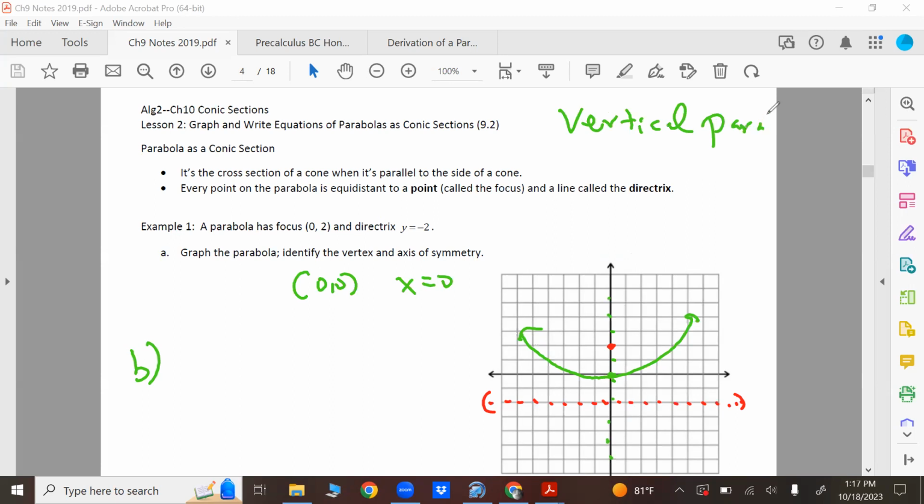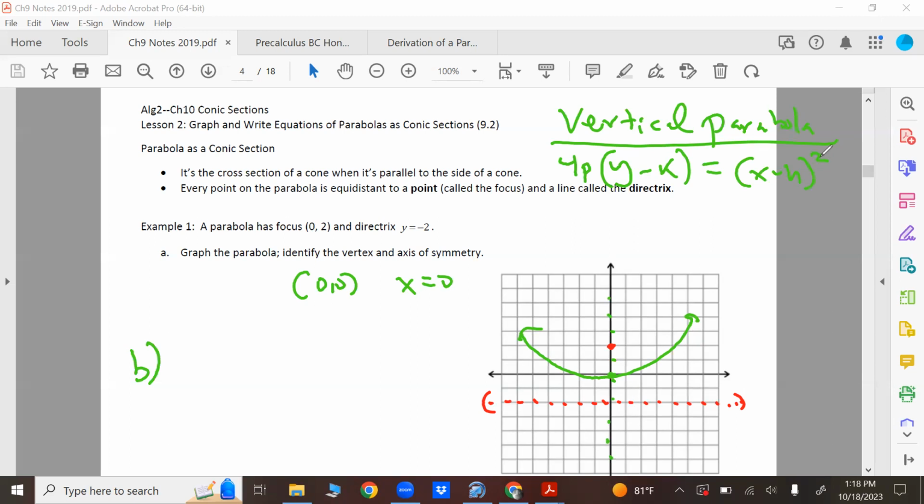If it's a vertical parabola, it's going to be this: y minus k. I know it looks weird, but just go with it.